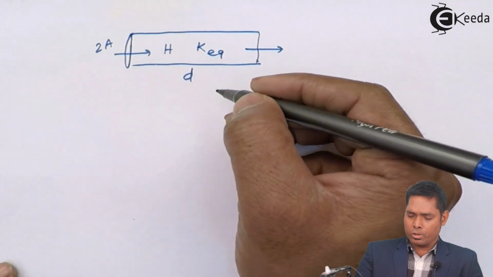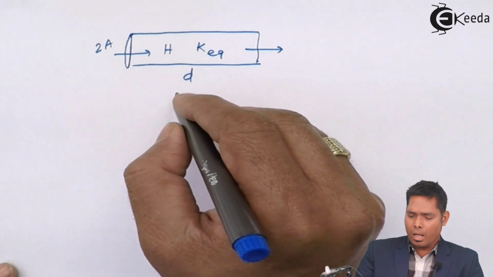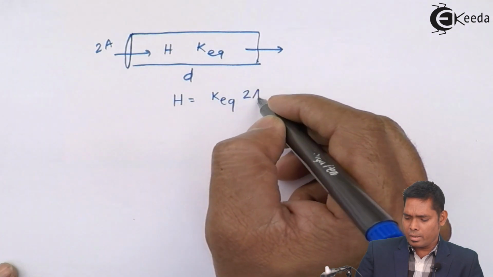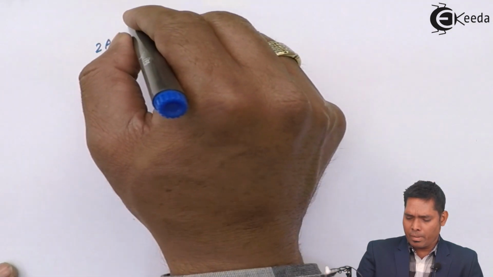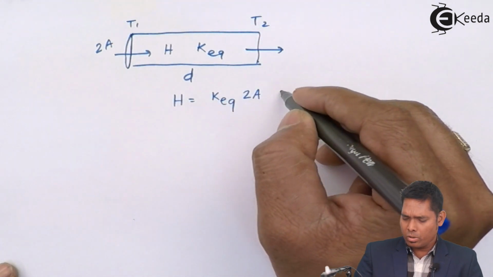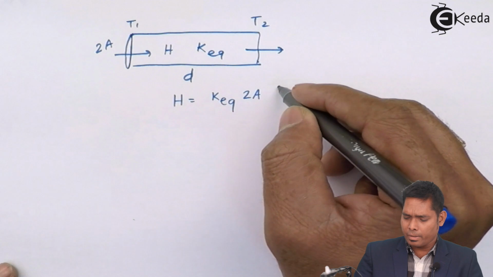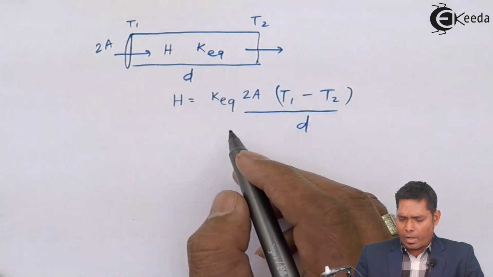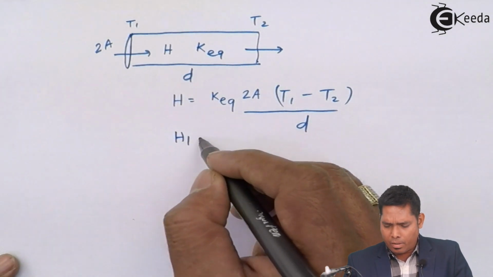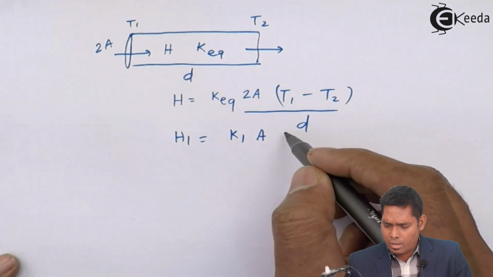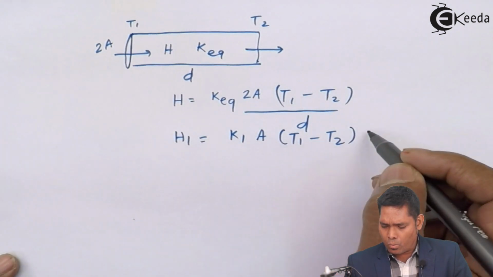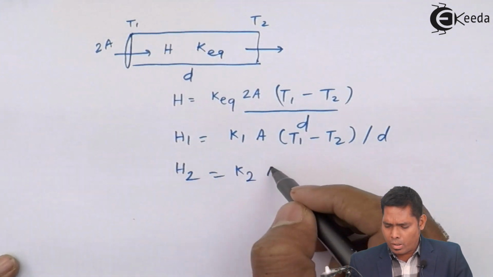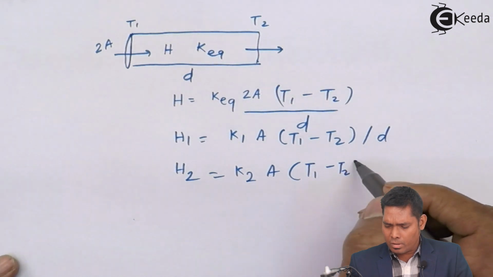Then for this composite rod I write H equals K equivalent times 2A times T1 minus T2, the difference of temperature, divided by the distance D. For single rods, H1 will be K1 A (T1 minus T2) over D, and H2 will be K2 A (T1 minus T2) over D.